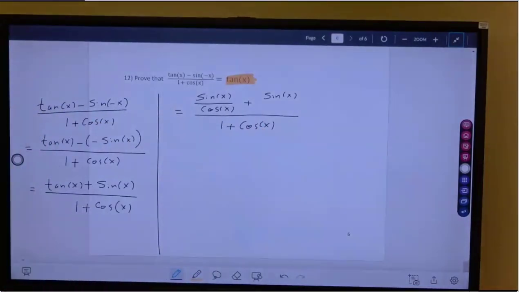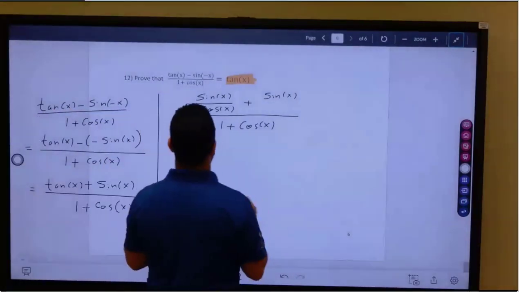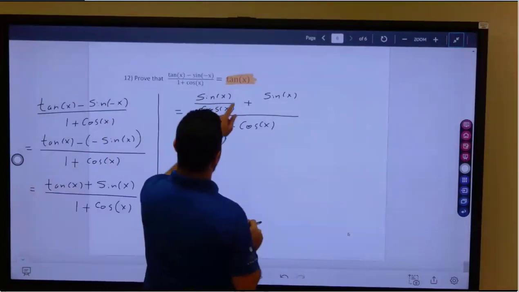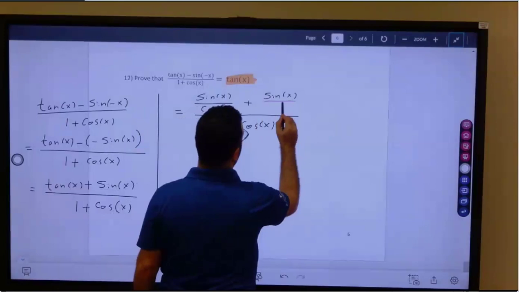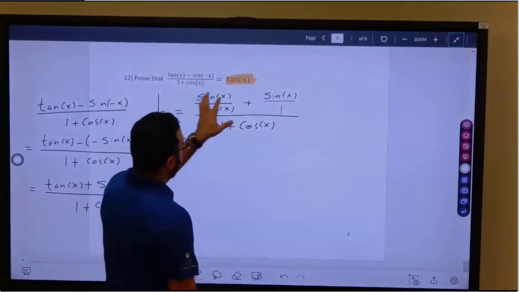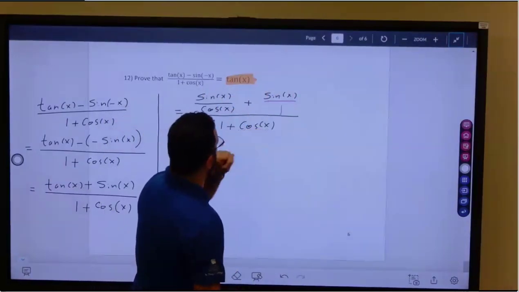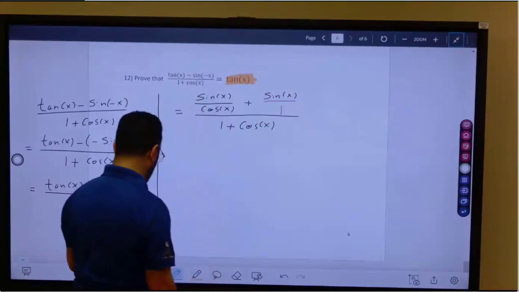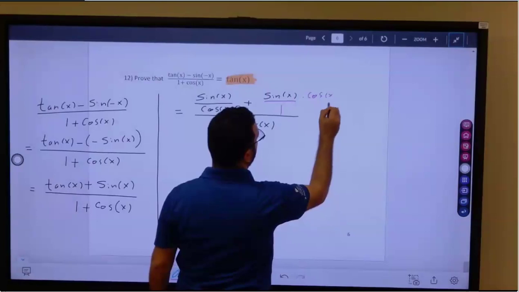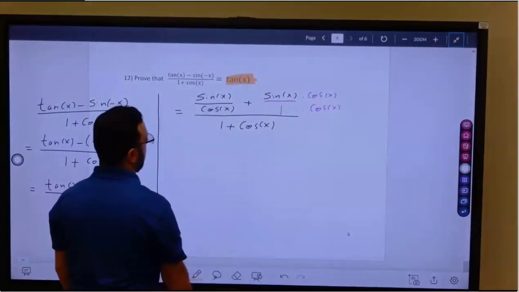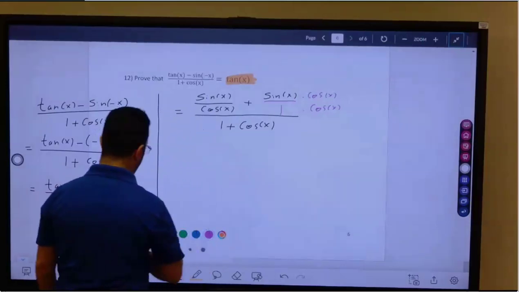Now let's think about that. This is the tangent plus sine. I can write this sine x over 1. Now I can find the common denominator, since it's a fraction plus a fraction, by multiplying by cosine x. Multiply this one by cosine x. Let's see what we get.